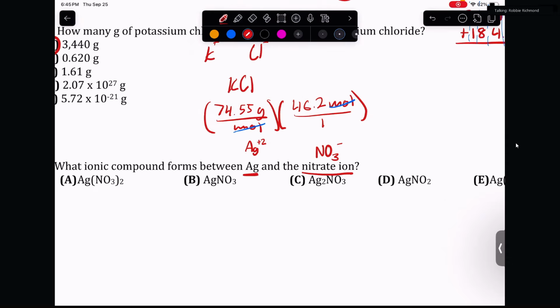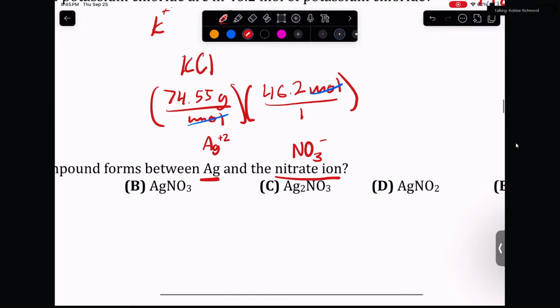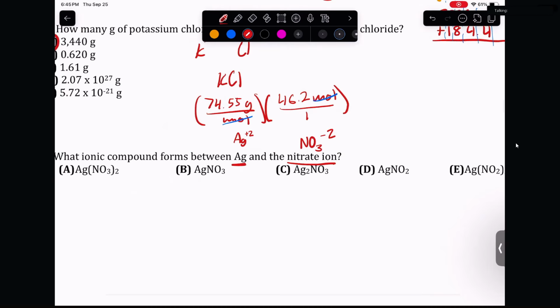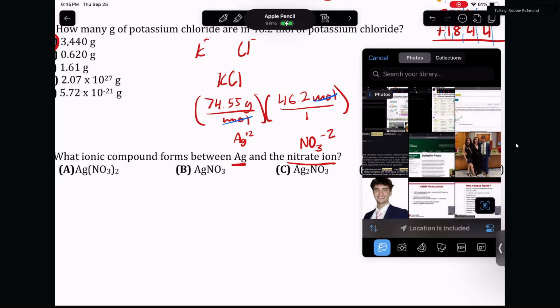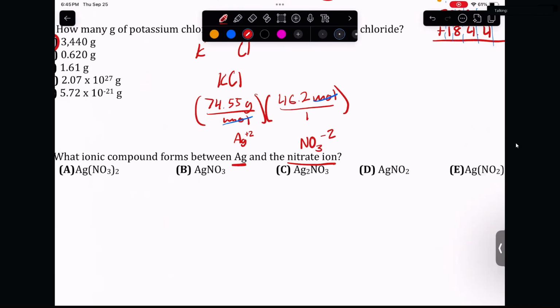So, nitrate has a -2 charge. What am I doing? If our goal for an ionic formula is to get a neutral compound and balance out all the charges, we would have 1 silver and 1 nitrate.